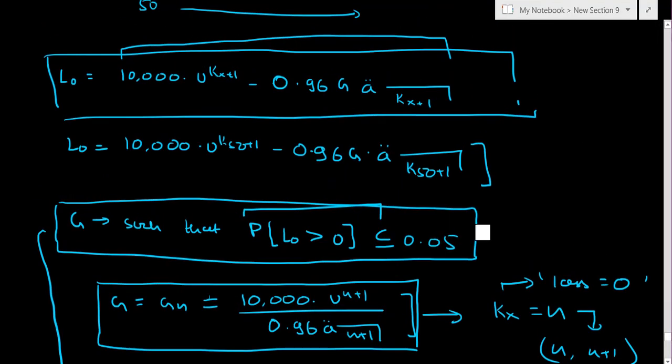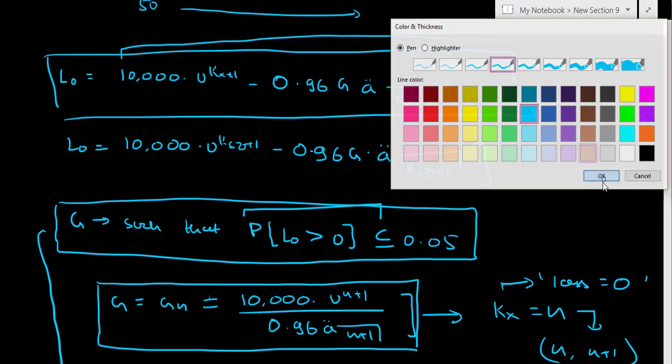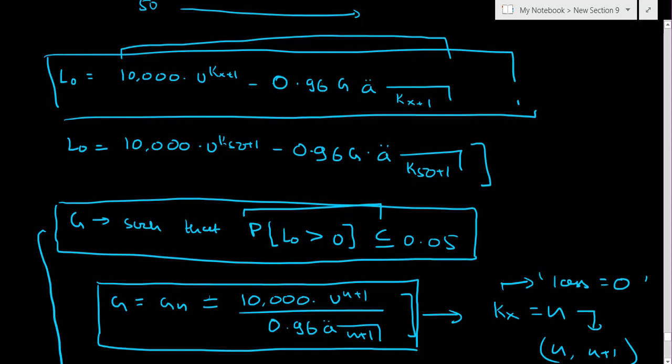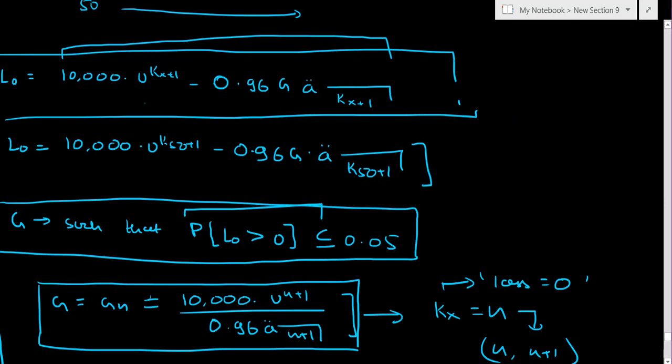Okay, so you might be wondering, how did I get this equation for Gn? Let's discuss that a bit. What I did was a very simple thing. I just took the net future loss random variable at time 0 and put Kx equal to n. So I need the premium such that the person dies between time n and n plus 1, and I equated it to 0.